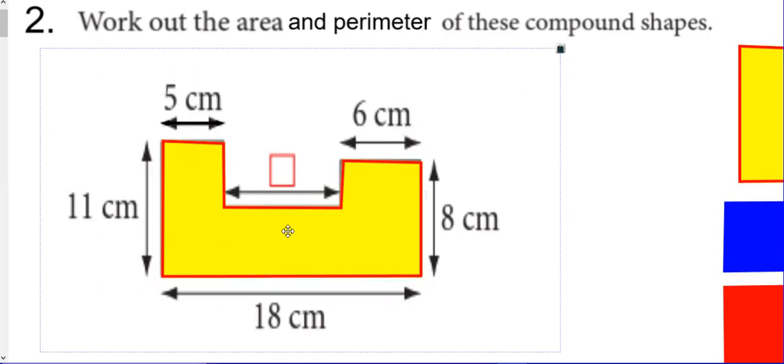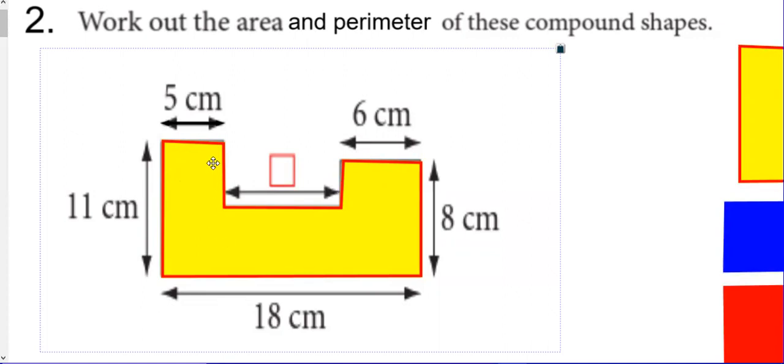How do we find the area of this shape? If you get a shape like this and then they ask you, what is the area of that shape? This shape is a compound shape.